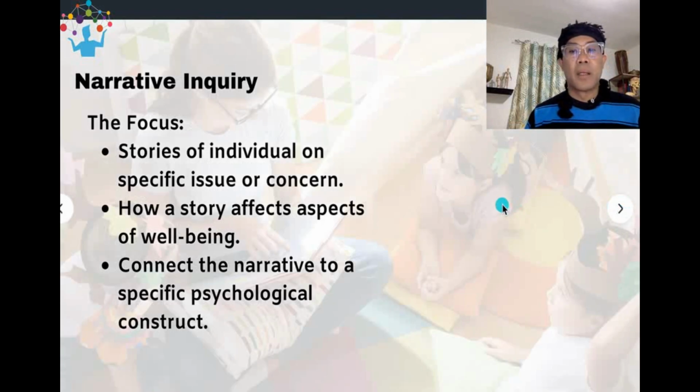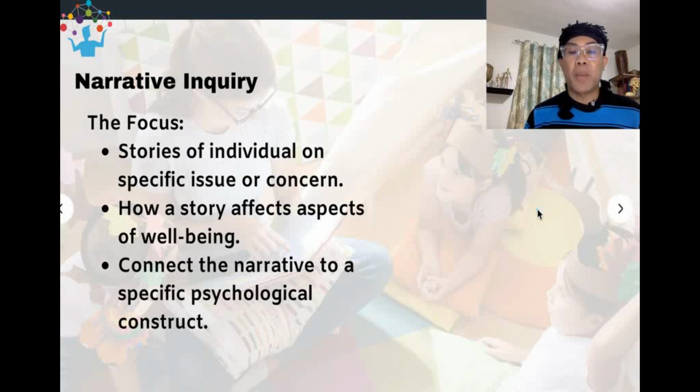So, what is the focus of the narrative inquiry? The focus is the stories of individuals on a specific issue or concern. So you would like to listen to the story. The next one is how the story affects aspects of well-being. There might be an aspect of the story that influences how people behave or how they look, some kind of self-perception, and attitudes or relationships.